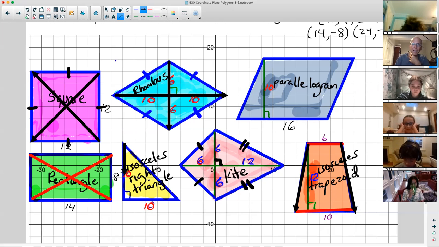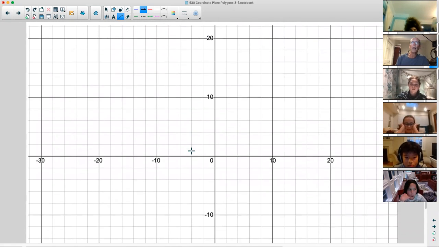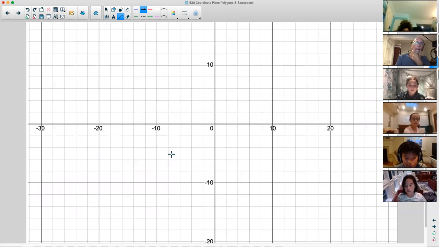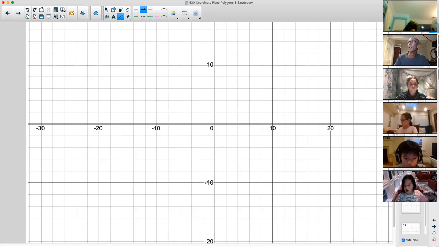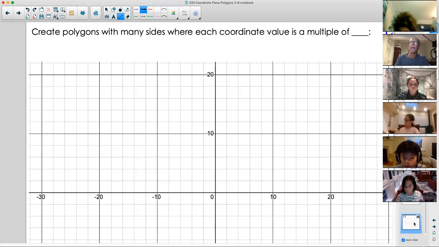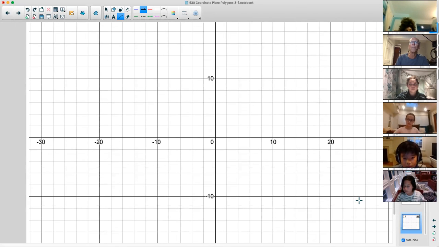Notice the isosceles triangle. Both of the legs are the same. This happens to be a right isosceles triangle. Do you think that you guys could draw an isosceles? So go to page 3 for a second. No, don't go to page 3. Go to the last page in your packet, whatever that is, page 12.